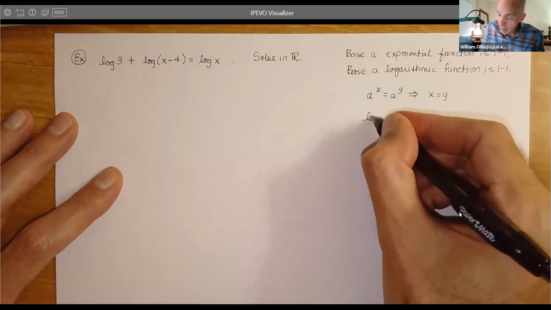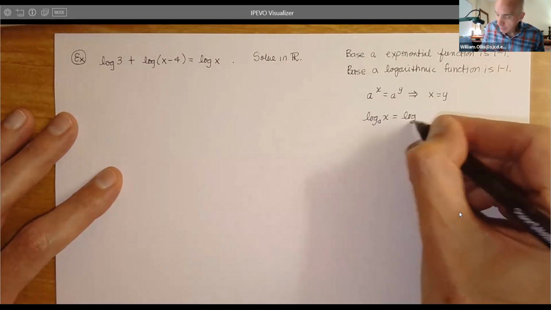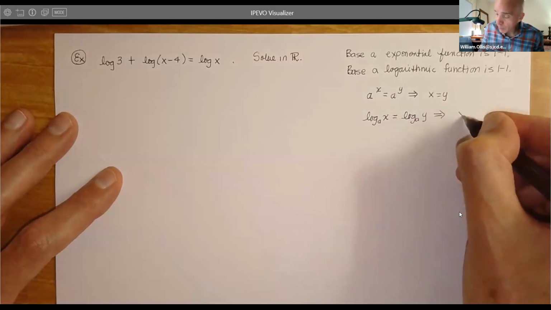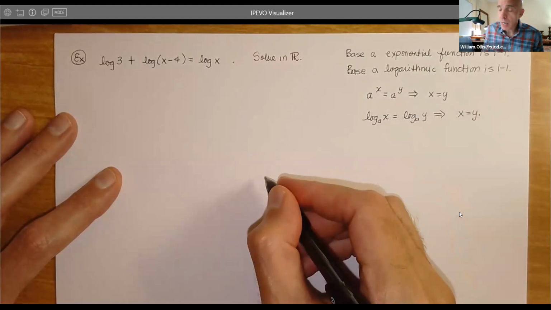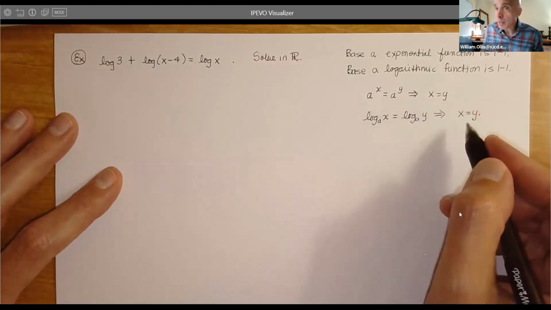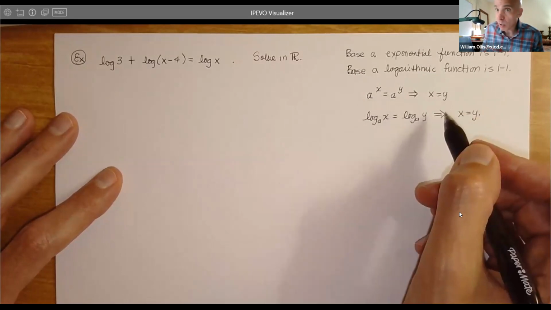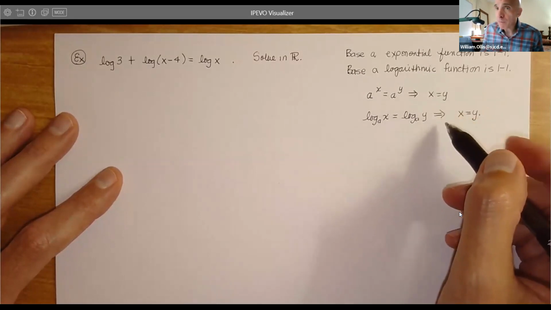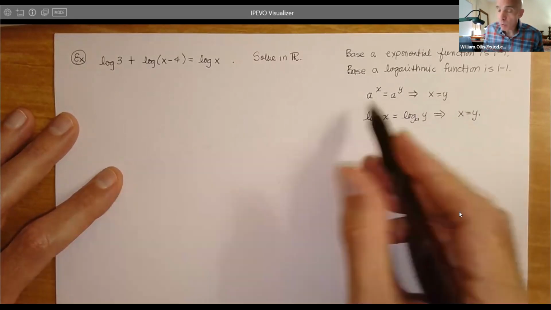Likewise, the base a logarithm of x equals the base a logarithm of y would imply that x equals y, where these can be algebraic expressions. So the 1-to-1 property is what we would use to show that the function had that property. That is, this is the definition of 1-to-1. Now, there are other ways to prove that functions are 1-to-1, and we will learn about that in calculus. But for now, we want to use this.